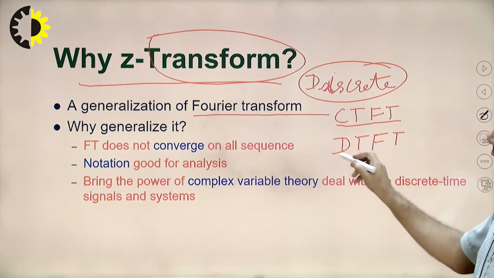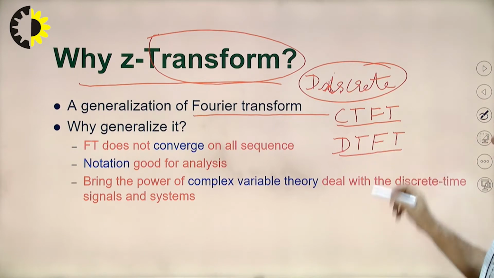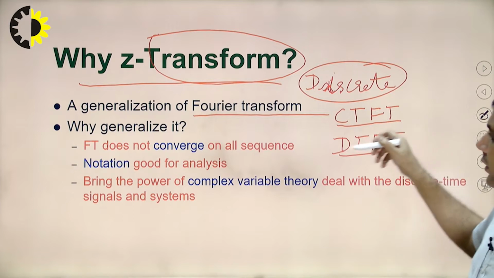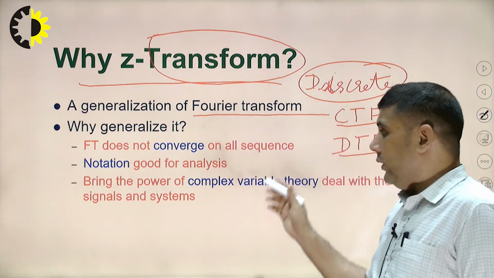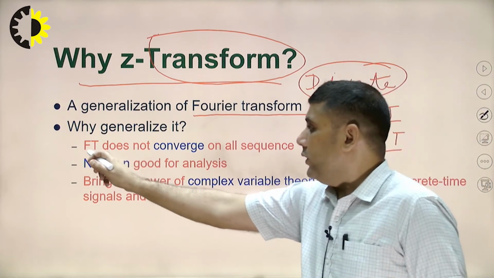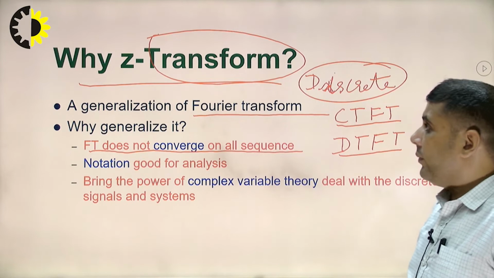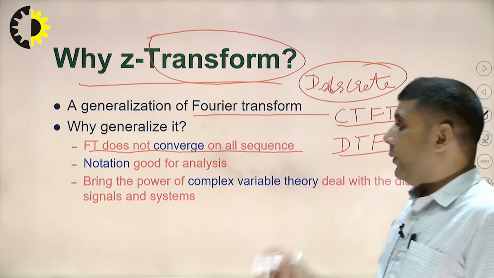But these, as you see, the discrete time Fourier transform, have the following problems, or you can say difficulties. The first one is that the Fourier transform does not converge on all sequences. This problem is addressed by the Z transform in a well defined manner.